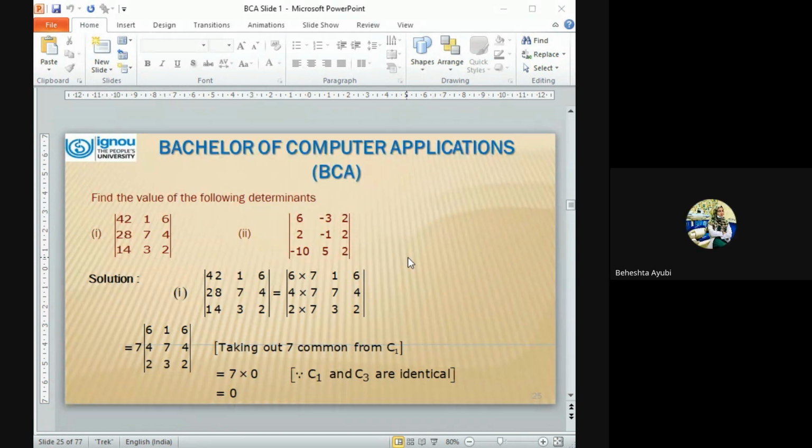First column, we can take 2 common. That means you have to split it as 2 into 3, or you will be taking 2 common, so it will become 3, 1 minus 5.